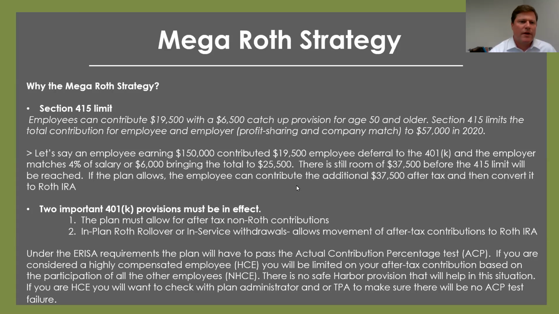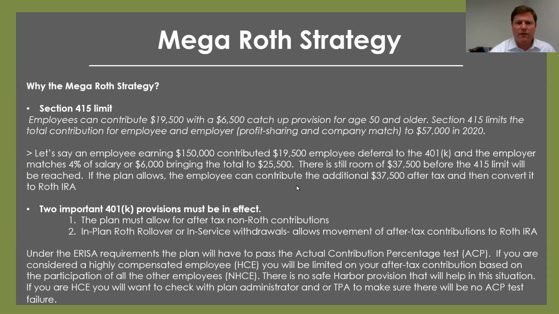So if you are an employee earning $150,000 and you've put your $19,500 of employee deferral into the 401k plan, and the employer matches 4% of salary, that's going to be $6,000, which would give us a total of $25,500 into the plan.